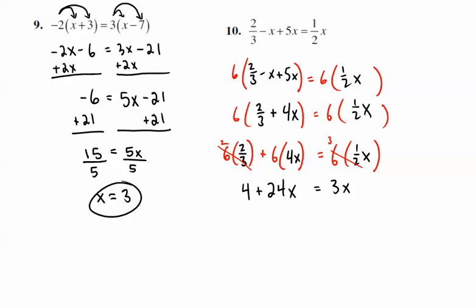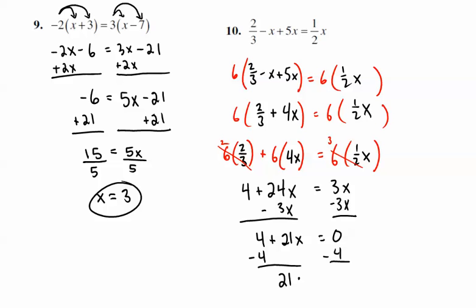So here we're back to the types of problems that we've been working with so far. We have an x on both sides. I'm going to pick on the little guy, get rid of the 3x from the right side, and so we end up with 0 on the right is equal to 4 plus 24x minus 3x, which is 21x. At this point, I'm going to subtract the 4 from both sides, and I get 21x is equal to 0 minus 4, which is negative 4.